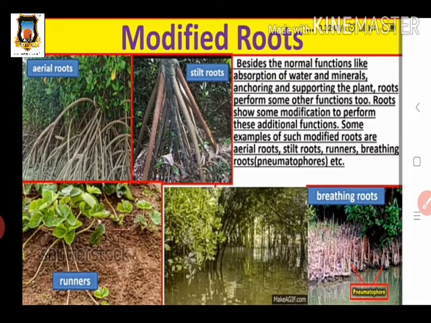And there are also additional roots present, that is, the adventitious roots which grow just above the soil on the stem, and these are for some modification or additional work. They do additional work for the roots, so these roots are also called modified roots. Also we see some examples of modified roots, that is the aerial roots, stilt roots, runners, breathing roots, etc.